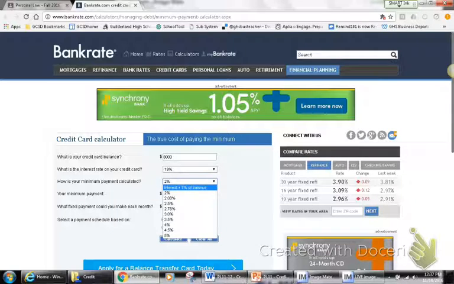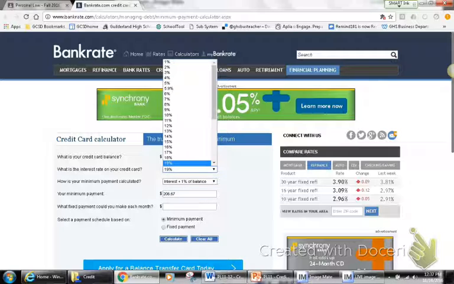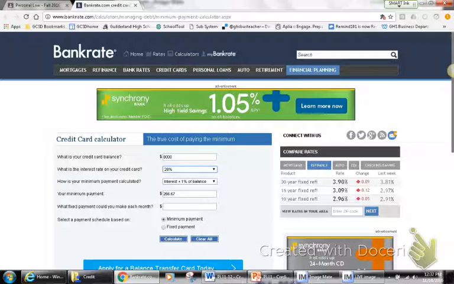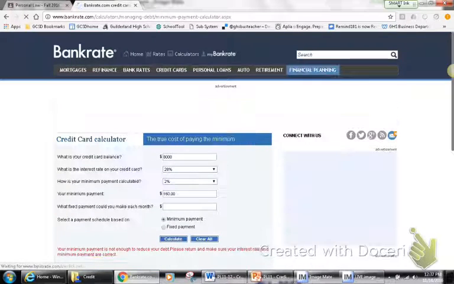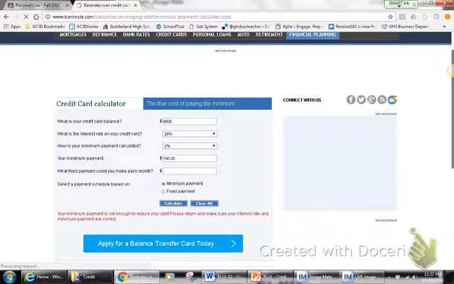So that's why. Let me try that one then. Okay, so now we're talking 28% here. Let me put this one in here. 28%, and then 2%. Right. So your minimum payment is not enough.